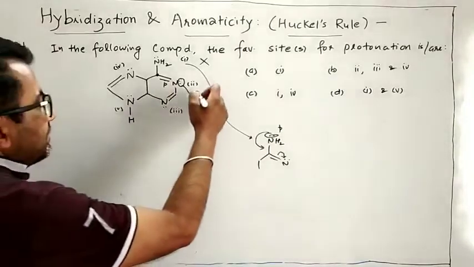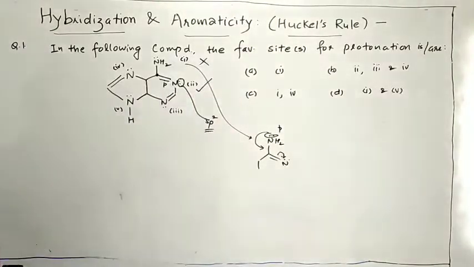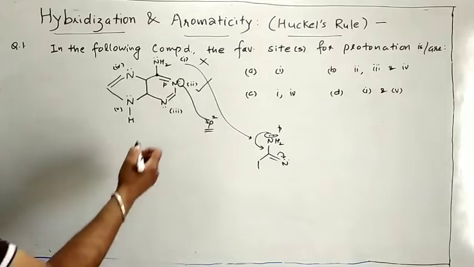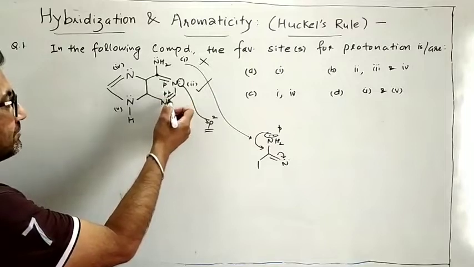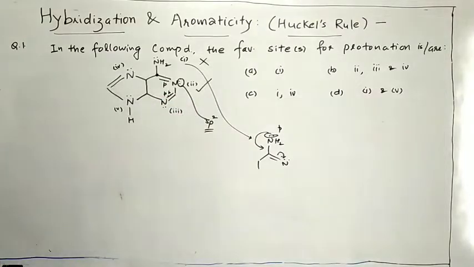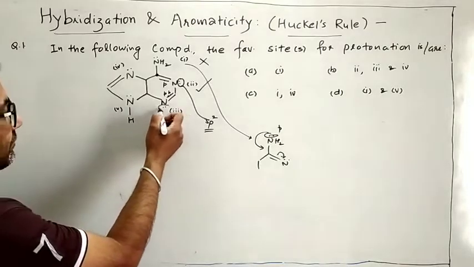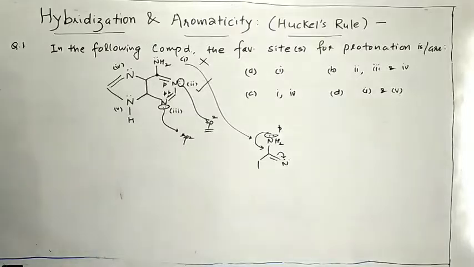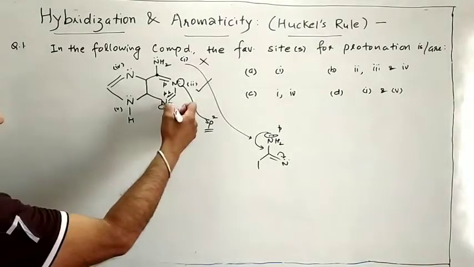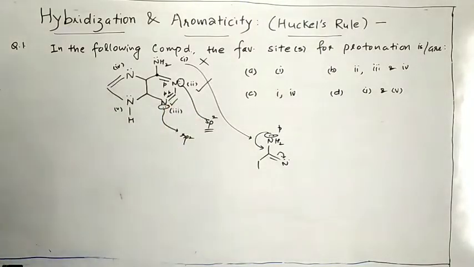So here protonation can be possible. Nitrogen 3, again this nitrogen uses its p orbital for formation of this double bond. So it has also used its p orbital. It means its lone pair is also present in an sp2 hybridized orbital, so it is easily available for protonation.